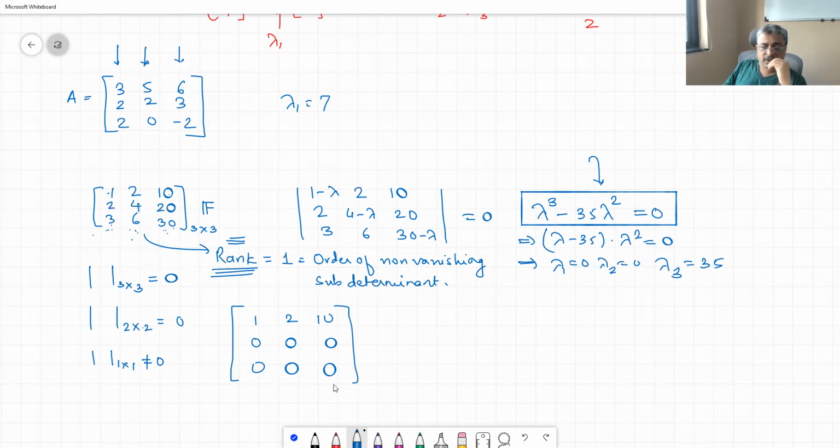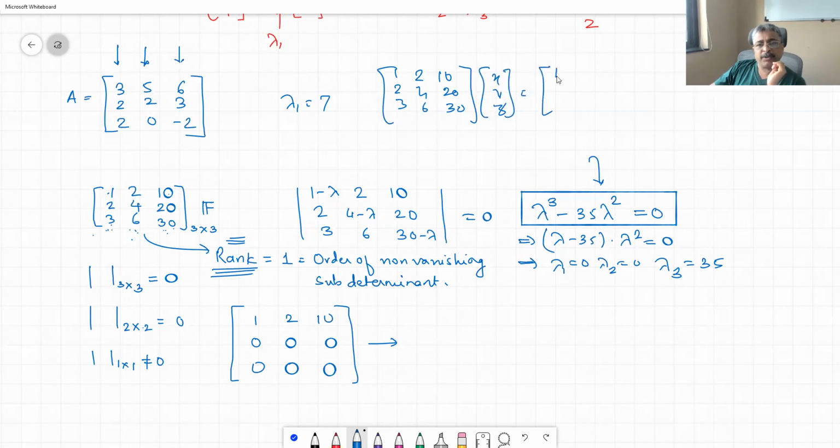Okay, so there are actually two independent variables, I mean two free variables, and only one variable which will depend on the two. Therefore, if this matrix is used for forming a matrix equation, say for example 1, 2, 3, 2, 4, 6, 10, 20, 30 times x, y, z is equal to some matrix b1, b2, b3.